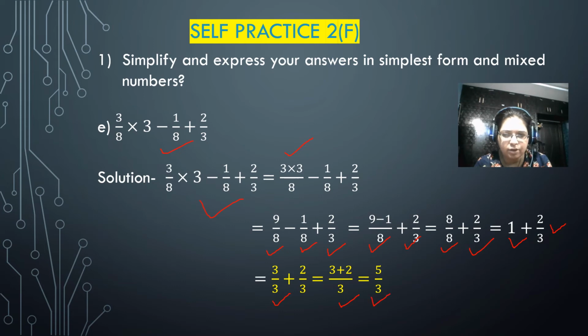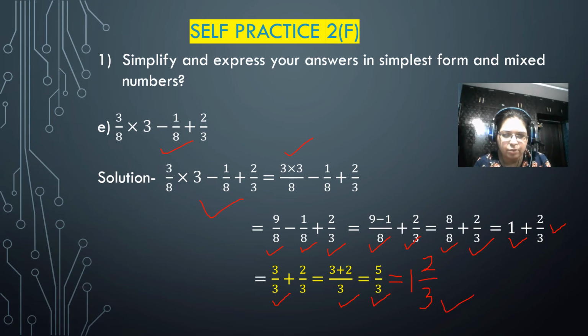And 5/3 is an improper fraction. We convert this improper fraction into a mixed fraction. Just divide 5 by the divisor 3. We know 5 equals 1 multiplied with 3 plus 2. 1 is the quotient, 2 is the remainder, and 3 is the divisor.